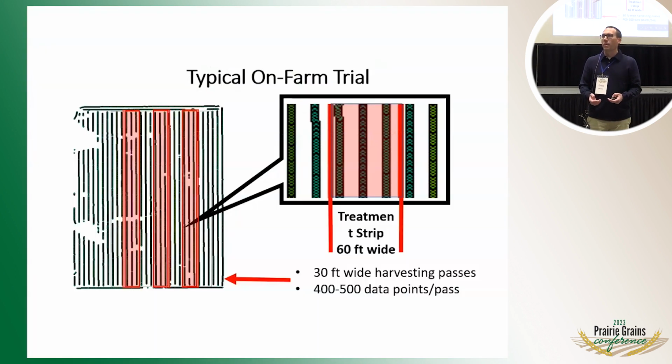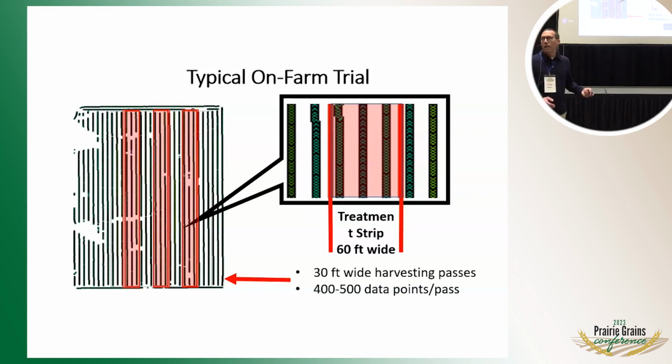In a typical trial, many times when we first start working with people, they want to just do one big block of everything, and that's a trial in a lot of people's viewpoints. But we want people to put some space between the treatment strips, so we get a sandwich type effect. In this situation, we'd have a 60-foot wide treatment strip, could be two 30-foot planter passes or a 60-foot wide sprayer pass, whatever it is you're testing.